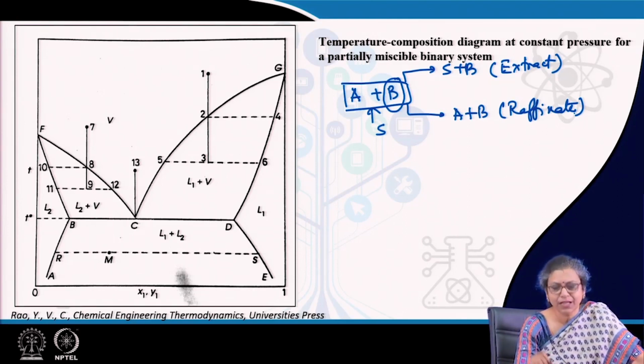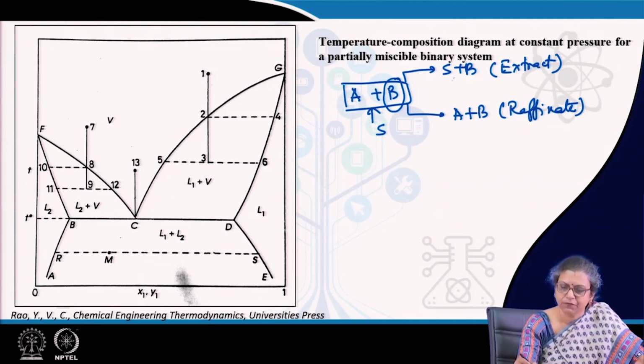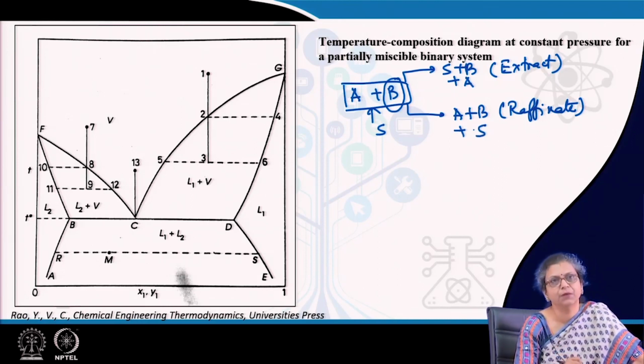No matter what solvent you use, even if the solvent and the basic solvent in the feed are chemically extremely different, there will always be some amount of miscibility between the two solvents. So, no matter what solvent you select, in the extract phase there will be some amount of A, and in the raffinate phase there will be some amount of S.